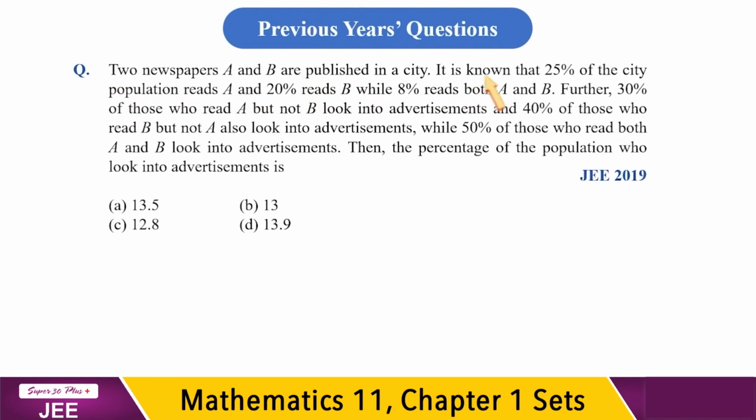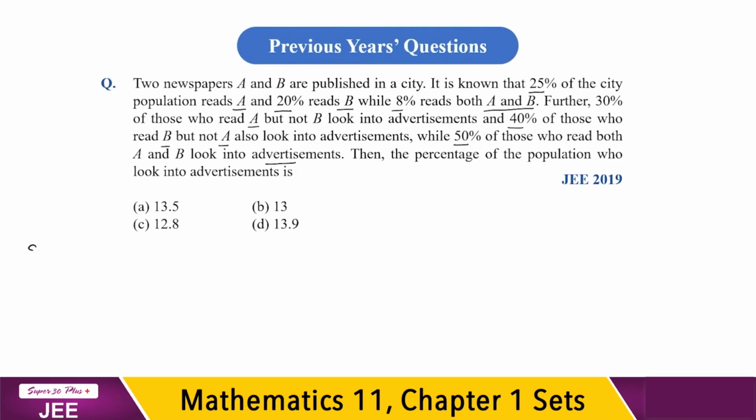It is known that 25% of the city population reads A and 20% reads B, while 8% reads both A and B. Further, 30% of those who read A but not B look into the advertisements, and 40% of those who read B but not A also look into advertisements, while 50% of those who read both A and B look into advertisements. Then the percentage of the population who look into advertisements is.